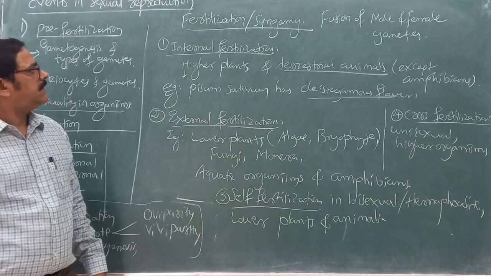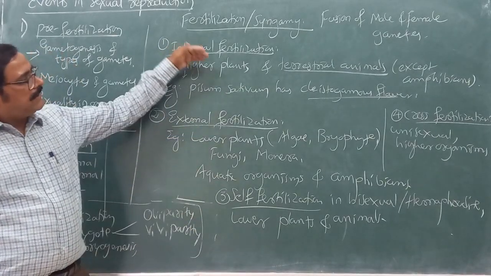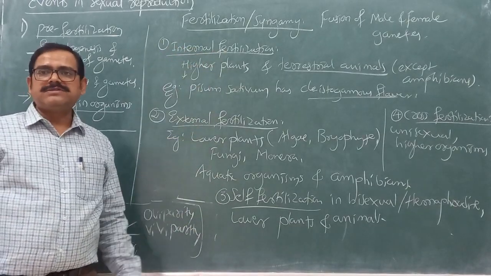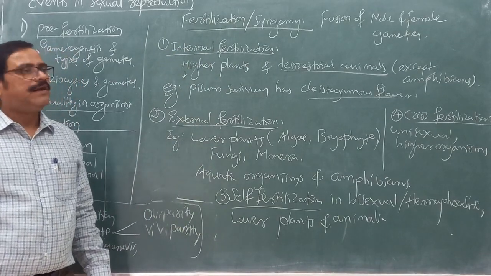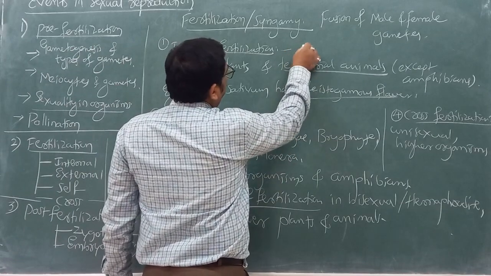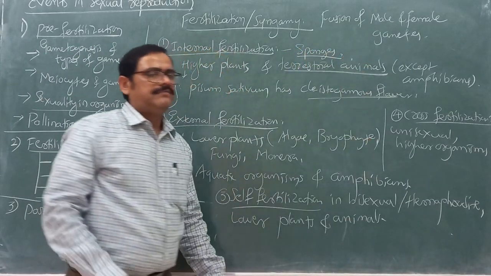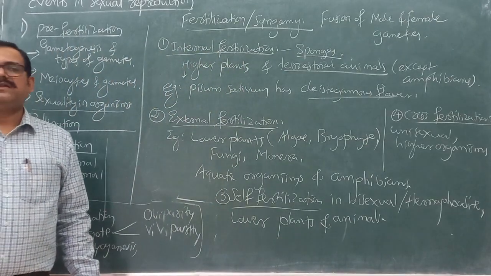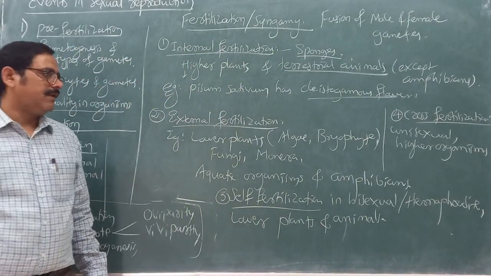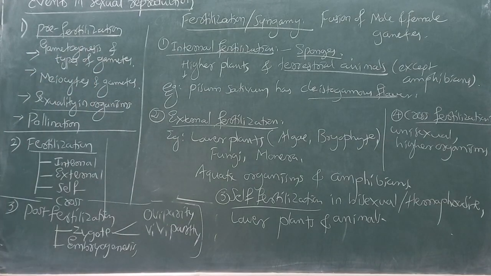Higher plants and terrestrial, external is aquatic only, but internal mainly in case of the sponges, okay, porifera, they also exhibit internal fertilization. Even in case of the sponges or certain porifera also exhibit internal fertilization. Well, so this is all about yes, regarding the fertilization as such we have discussed.